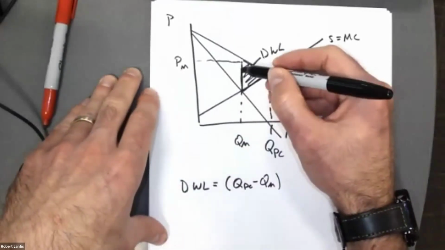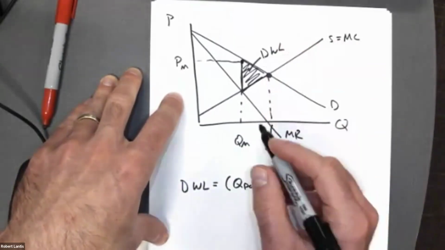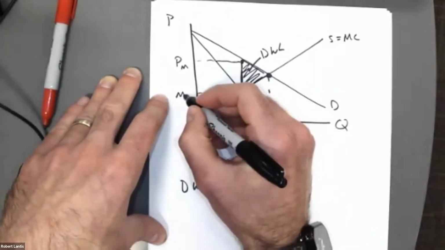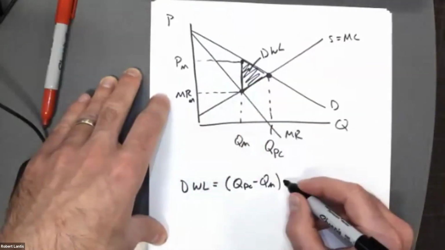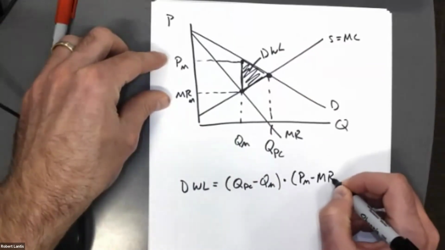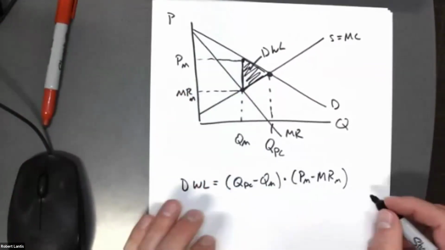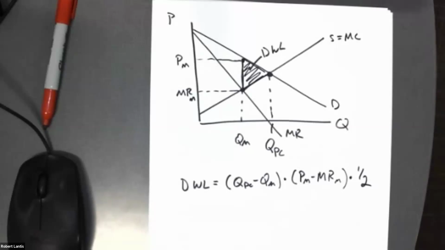What is the height always going to be? I've got the price here, and this is going to be the marginal revenue of the monopolist at that quantity. So the height of my triangle will always be the difference between the price and the marginal revenue of the monopolist at that monopoly quantity. And with linear supply and demand curves, we always multiply by 1/2.